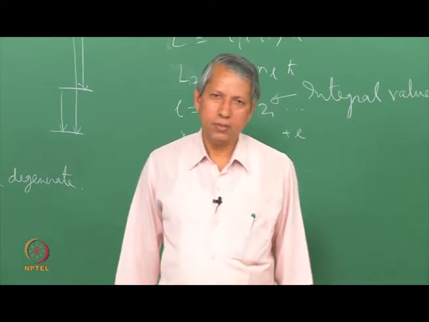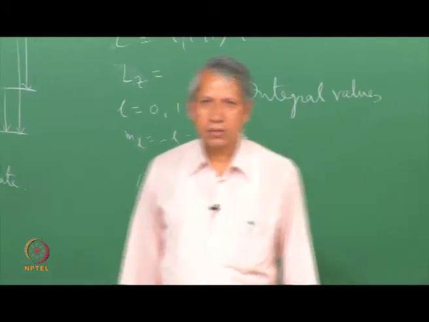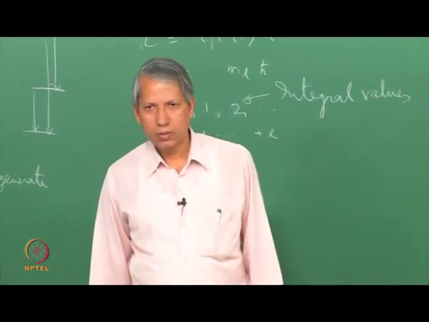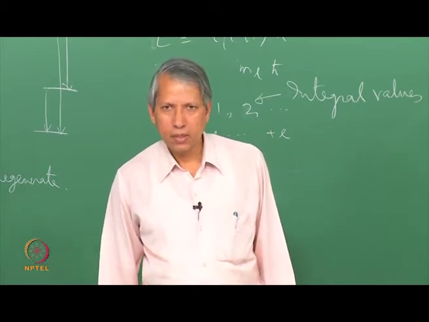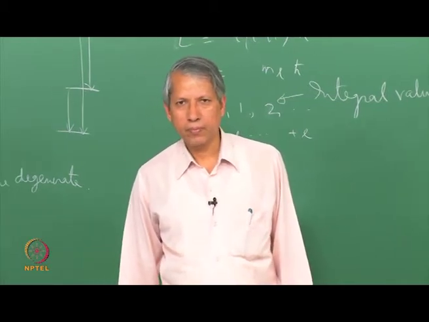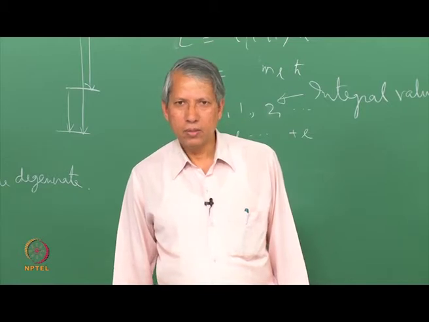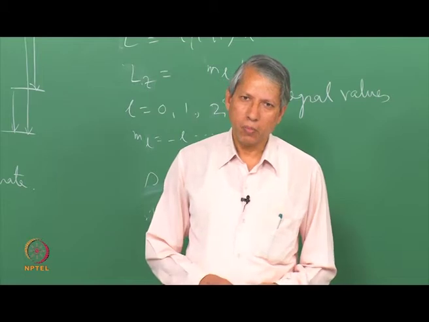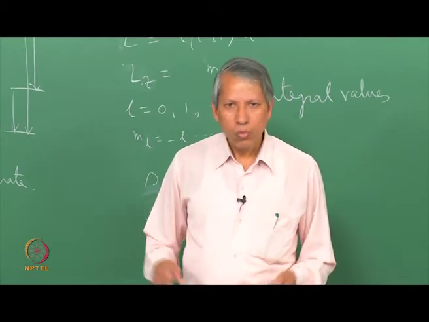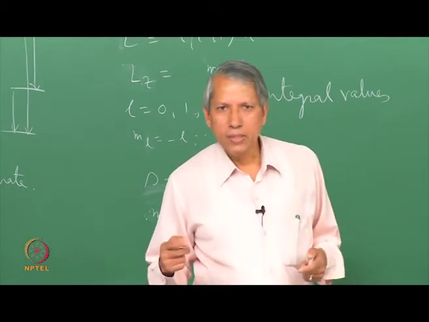Similarly, what is charge? Electron has negative charge, proton has positive charge. What are these charges? Can we really explain them? We really do not have an explanation, except that we take them to be properties of the particles which show how they interact.